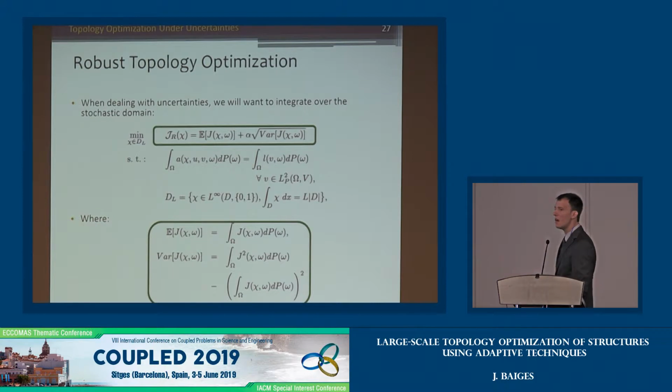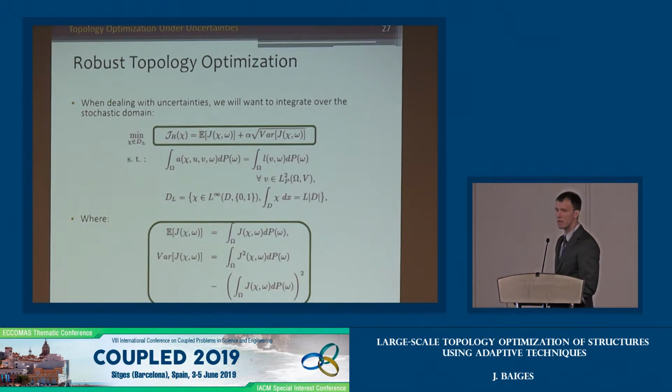In this case, we are not going to try to minimize the compliance, but we are going to try to minimize the addition of the mean value of the compliance, or the expectancy of the compliance, plus some weighting coefficient times the standard deviation of the compliance. And this, again, will be subject to the fulfillment of the elasticity equations at any random event point and also to the volume fraction restriction.